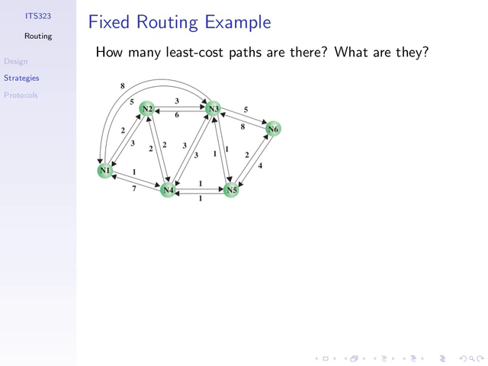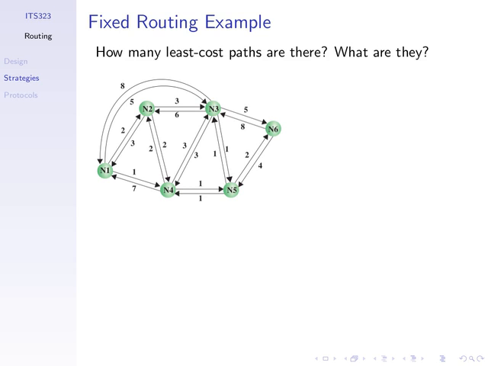N4 to N6: if we know the least cost path from N1 to N6 is 1, 4, 5, 6, that implies immediately, without looking, that the least cost path from N4 to N6 is this segment, N4, N5, N6.